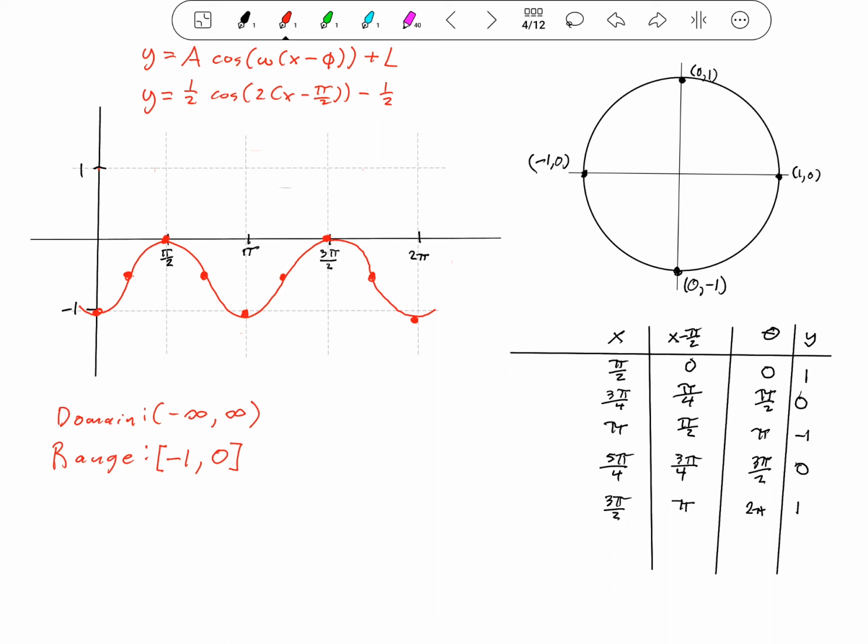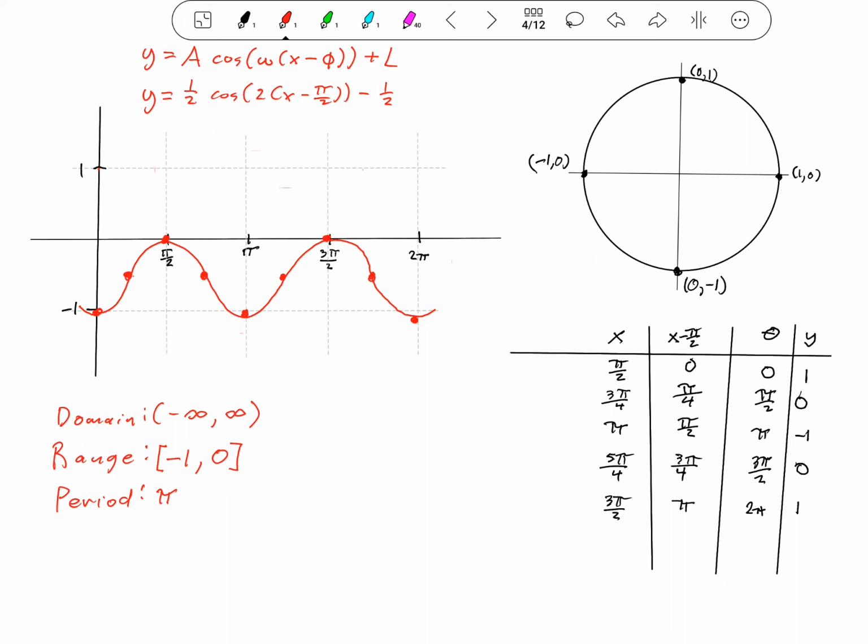My period, well, because I multiplied by 2, my period shrunk to half its original size. So instead of 2 pi, my period is pi. You can also see that by looking from peak to peak or valley to valley. And you can see that from 0 to pi, I got from valley to valley. So my period is pi.